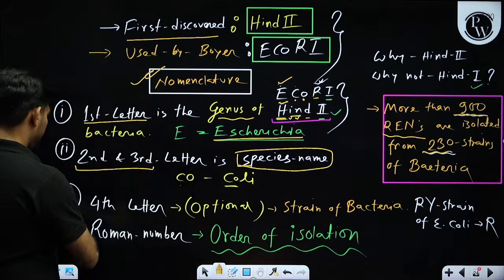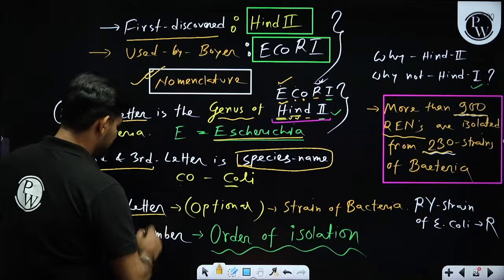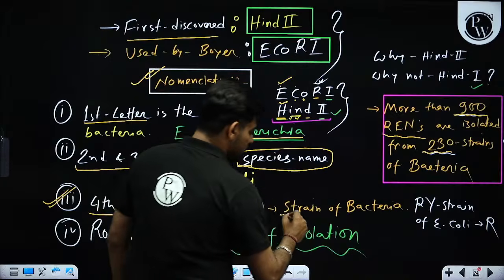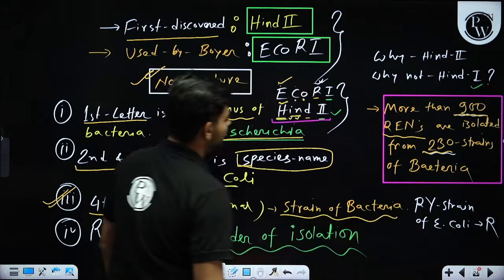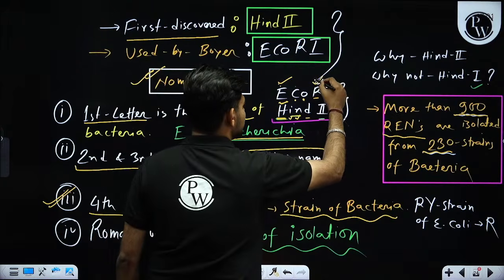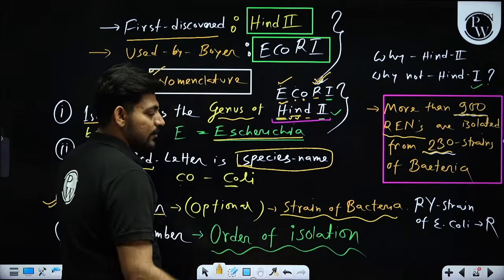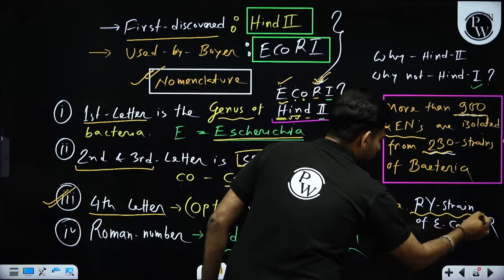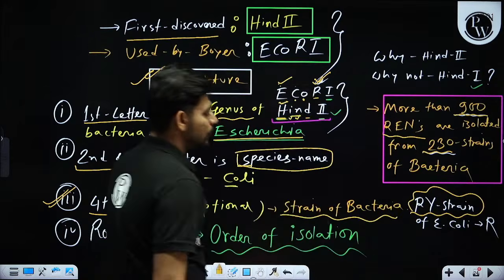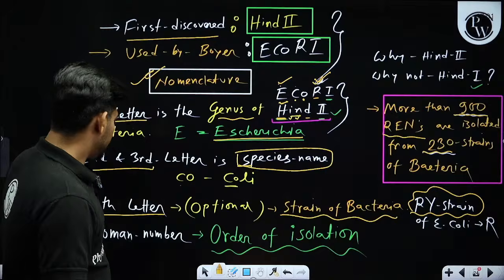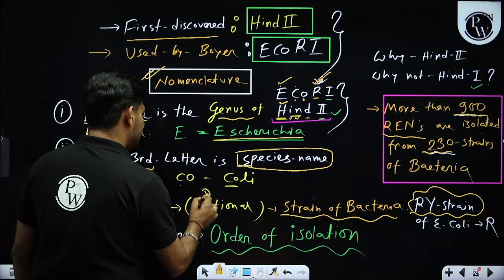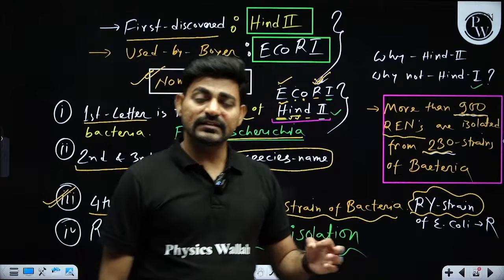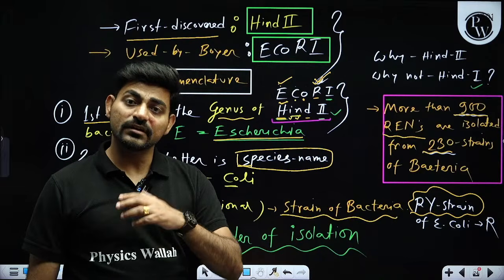Now, what is the importance of the fourth letter? The fourth letter tells us about the strain of the bacteria. Like, the fourth letter for EcoR1 is R. So R has been taken from the RY strain of E. coli bacteria. Now, it is optional. Sometimes the fourth letter can be omitted.